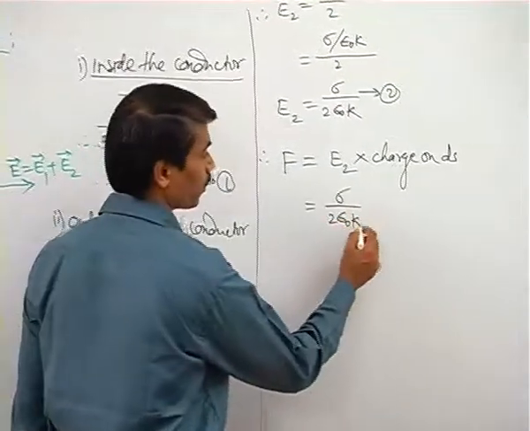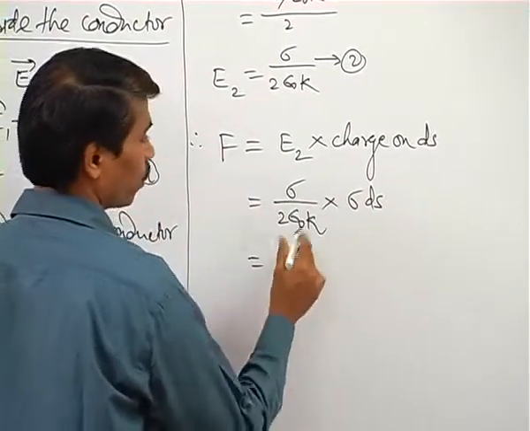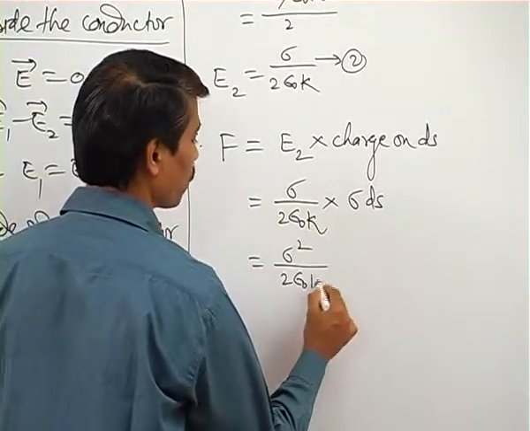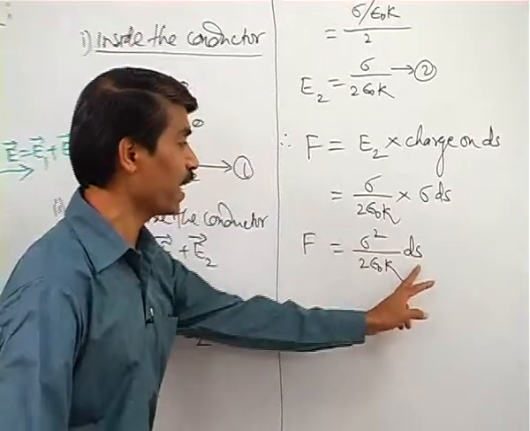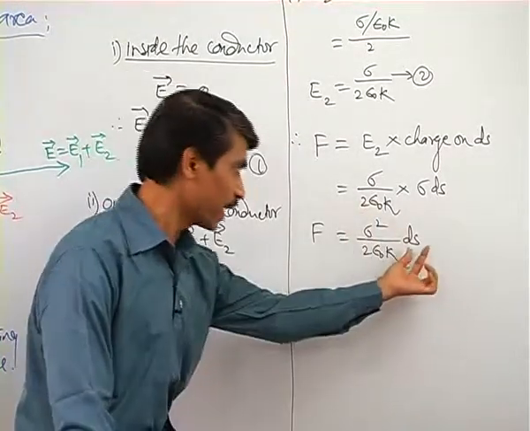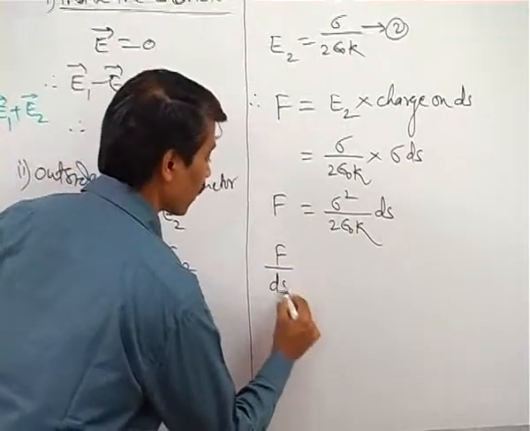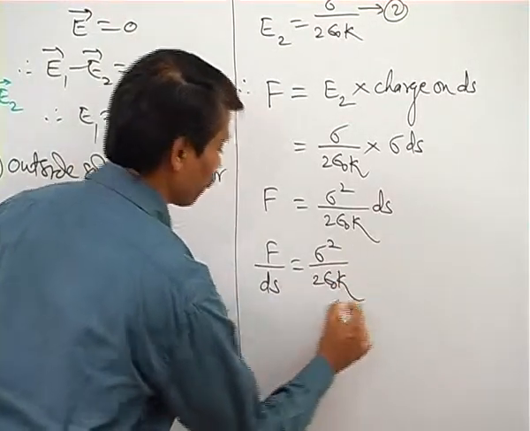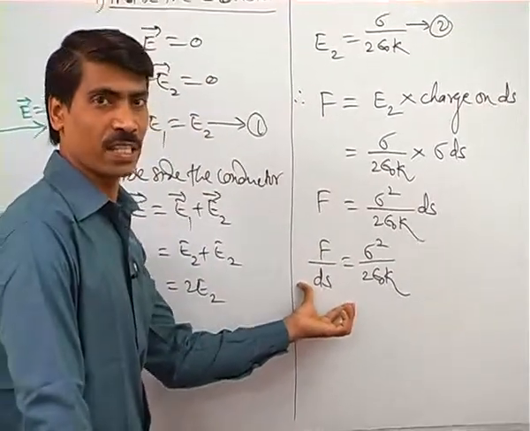So sigma upon 2 epsilon naught k into sigma ds is equal to sigma square divided by 2 epsilon naught k into ds. This is the mechanical force acting on area ds. We are going to find the mechanical force per unit area, so take this ds to this side. What we get is F upon ds equal to sigma square upon 2 epsilon naught k. This is the expression for the mechanical force per unit area.